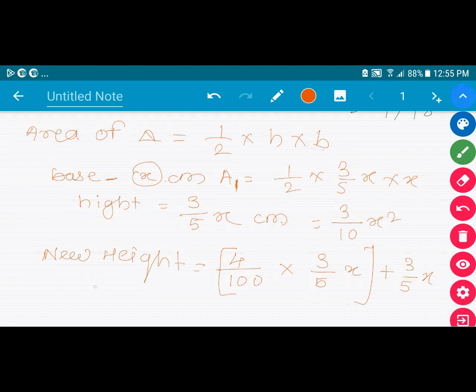Why? Because 4% we are going to increase it. Whatever percentage is increased, we have to add that to the 3/5x because it is increased. So 4 1s are 4, 4 25s are 100. Now the new height will be 3/125 x plus 3/5x. Okay, this is our new height.